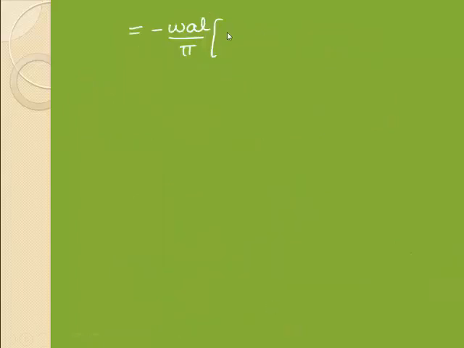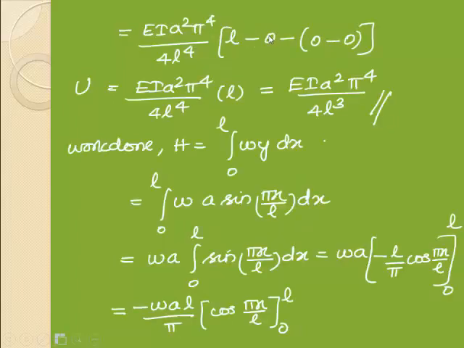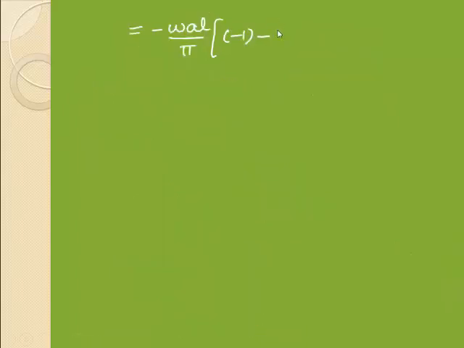So cos pi value is minus 1, minus the lower limit cos pi x by L. While we are applying the lower limit, that will be cos 0. So cos 0 value is 1. So minus W a L by pi into minus 1 minus 1, minus 2. So the H value is 2 W a L divided by pi.